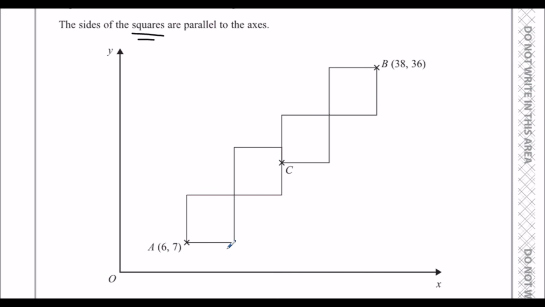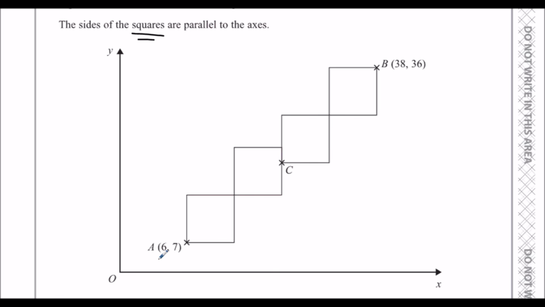So the base and the height of each one will be the same. And C is in the middle of the X direction change. So we've gone 2 squares along from each of the points to get to C.